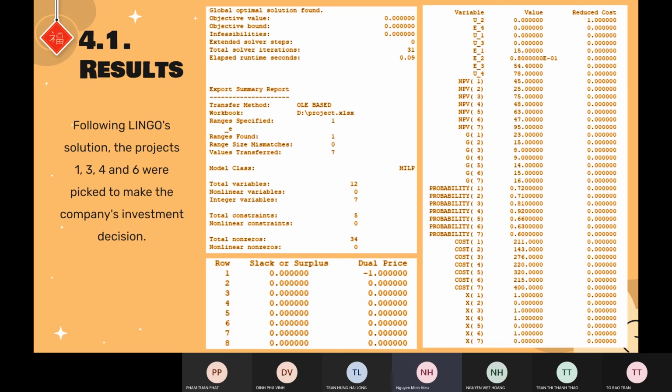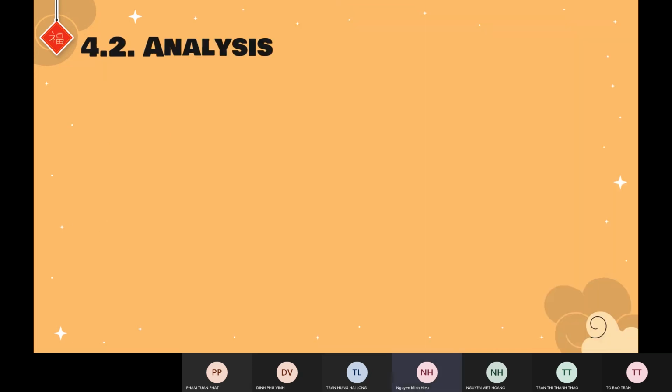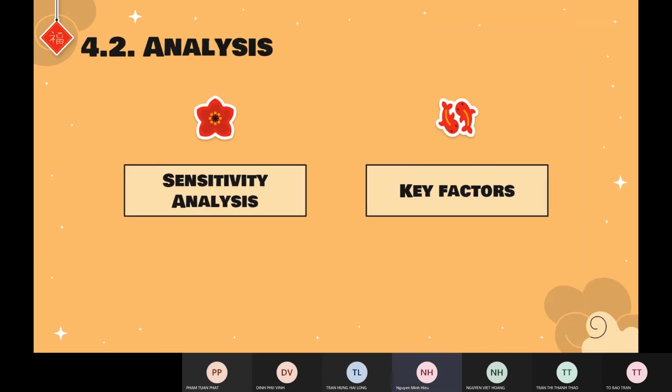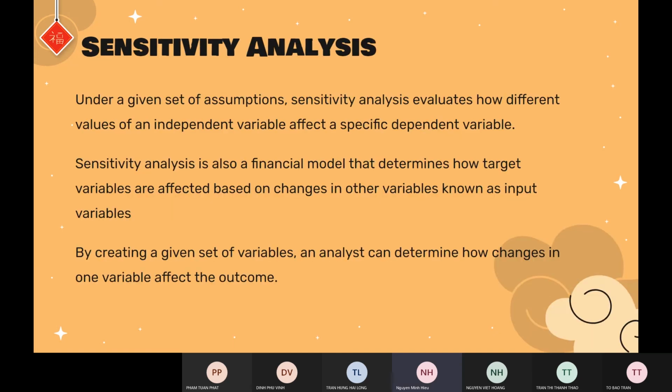Next, please. Now, in the analysis, because we are using Lingo, we can find the value, reduced cost, the objective coefficient ranges, and the right-hand side ranges that are required for sensitivity analysis. Therefore, we will analyze our problem based on sensitivity analysis.